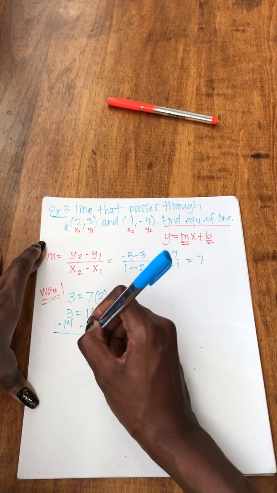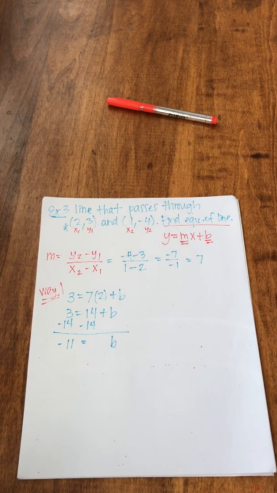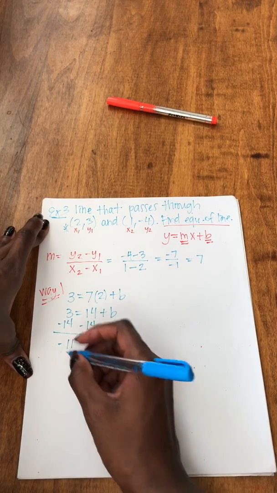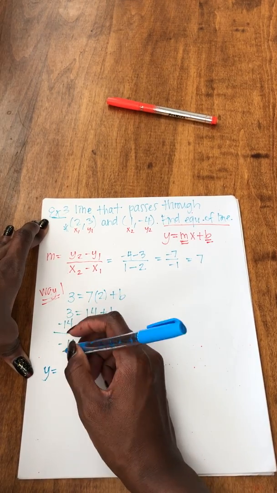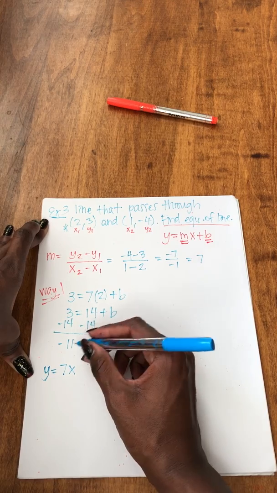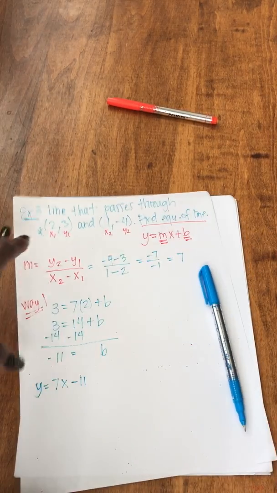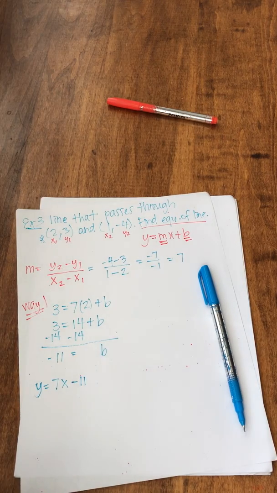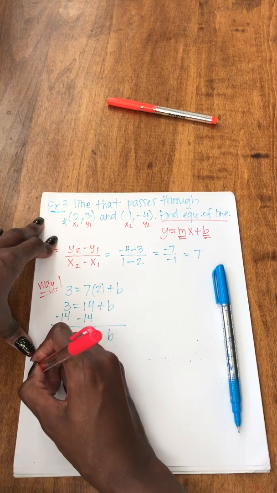So when we do that, we get b is equal to -11. And now that we have our b and our m, we can just rewrite the slope-intercept and plug in the numbers that we need. So 7x plus b, and b is -11, so that's actually going to be -11, okay? So that would be the final answer.